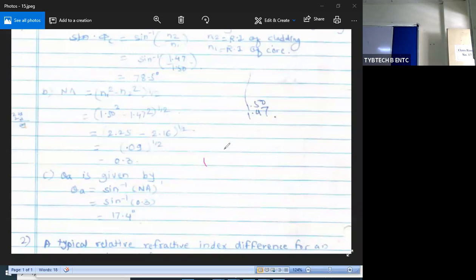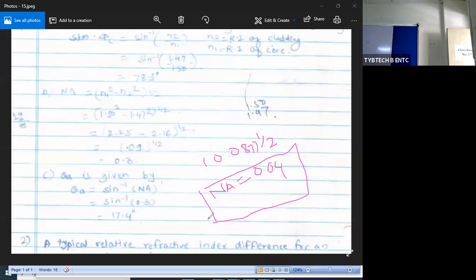It is 0.0879, and take its bracket raised to 1/2. So you get the value for your numerical aperture as 0.04. This one is clear to everyone.